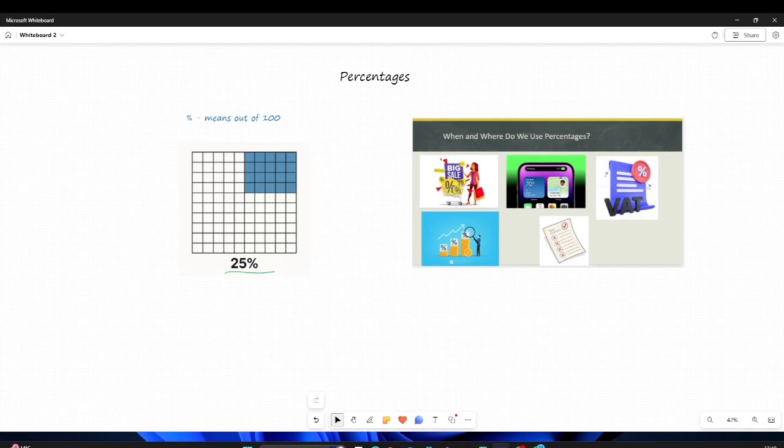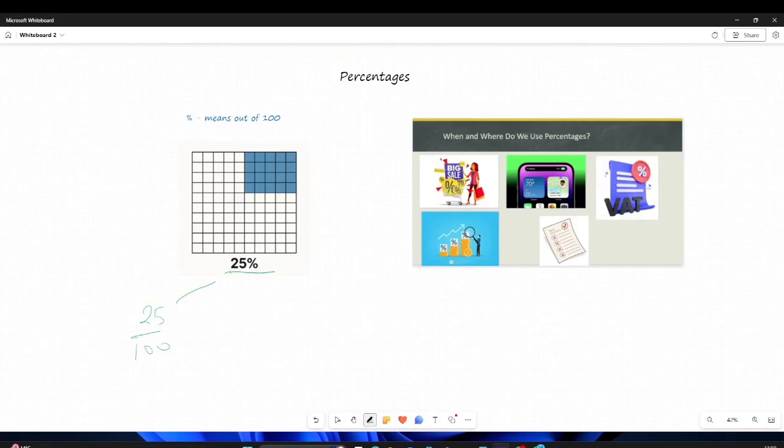There are so many different ways we can represent percentages. We can represent that as a fraction, as a decimal, and different ways. All right, so 25%, let's represent that in different ways. We can have 25 over 100 as a fraction.